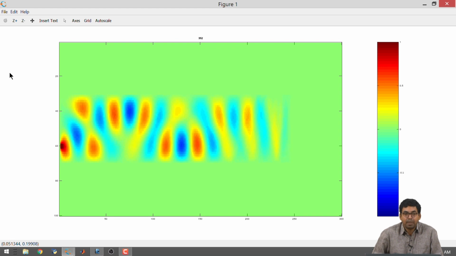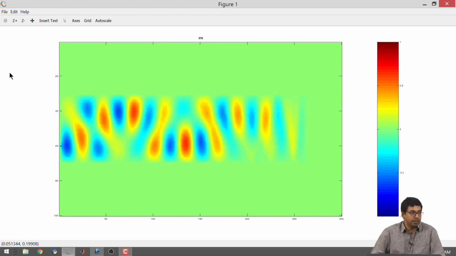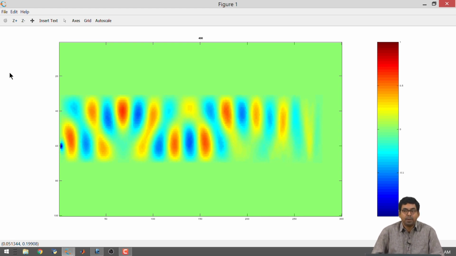I can notice that the pattern that it produces is very different than the pattern it was producing when the source was placed right at the center, all right.